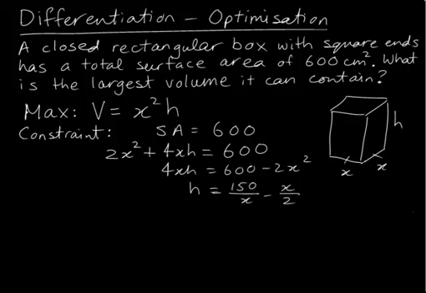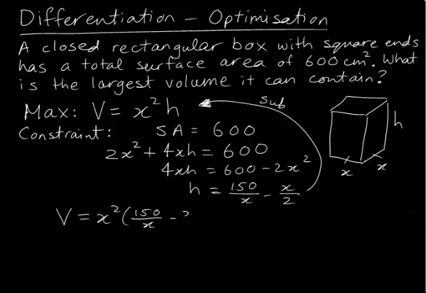Now that I've got h as the subject of the equation, what I can do is to substitute it in here so that the volume will be all in terms of one variable. So if I just substitute that, I would have x squared outside of 150 over x minus x over 2.